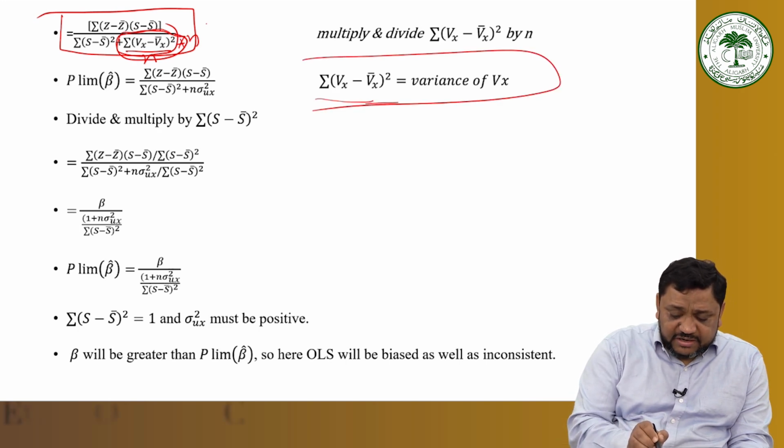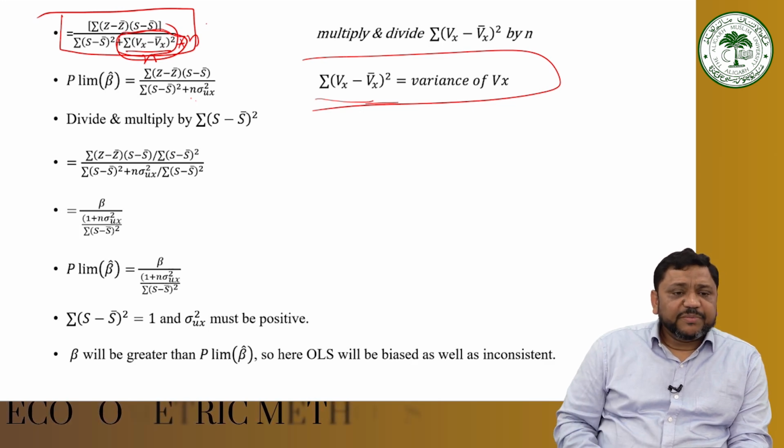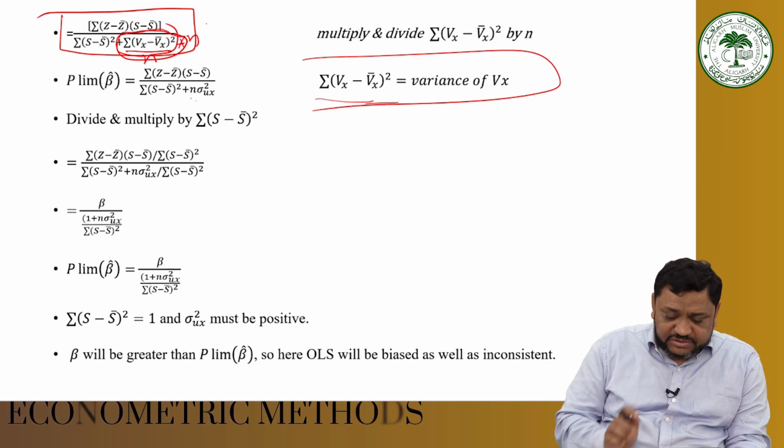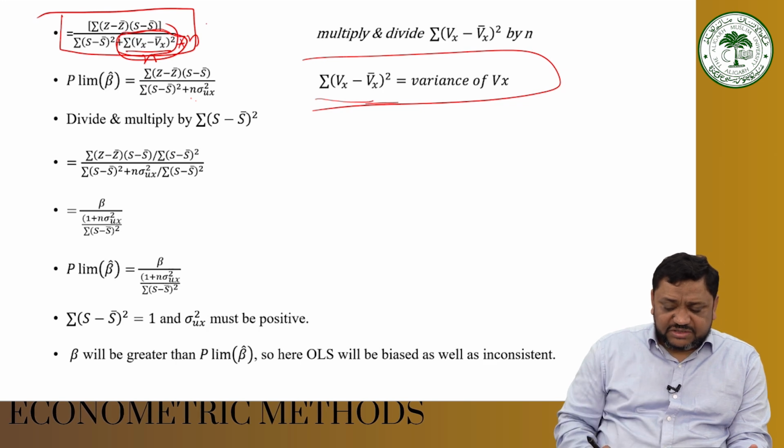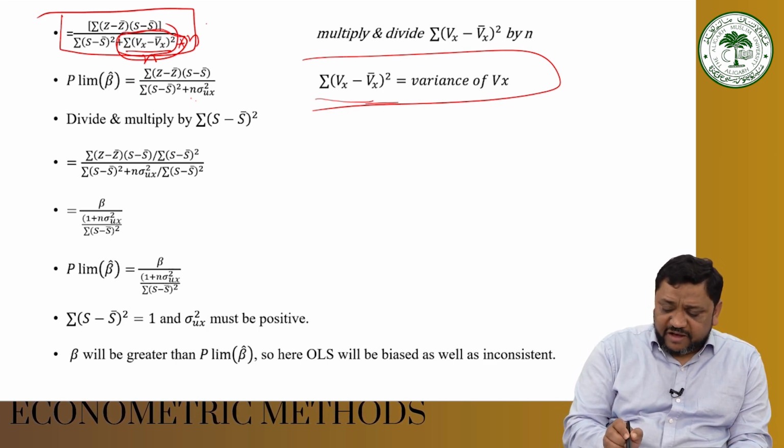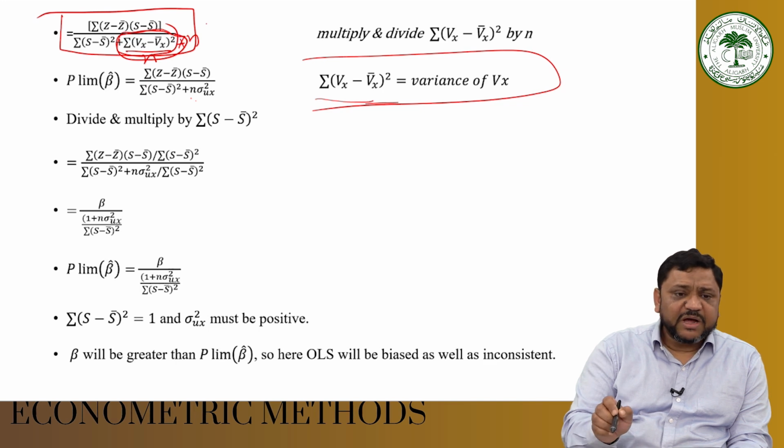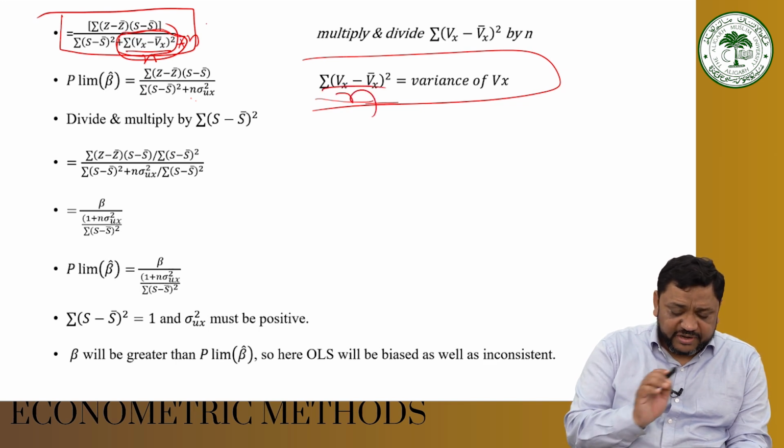So we write it in terms of n summation sigma square ux. Now the remainder remains the same. In the remainder there is no change. So what you have is summation x minus x bar square divided by n, that is equal to your variance.